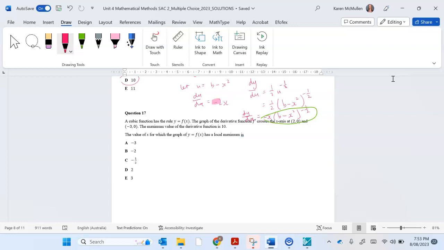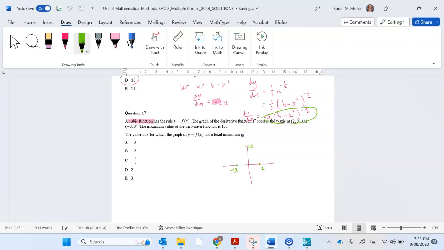All right, so let's think about what this is asking us. The graph of the derivative. If we've got a cubic, then its derivative is going to be a parabola. So it's crossing the x-axis at 2 and negative 3. The maximum value of the derivative is 10.